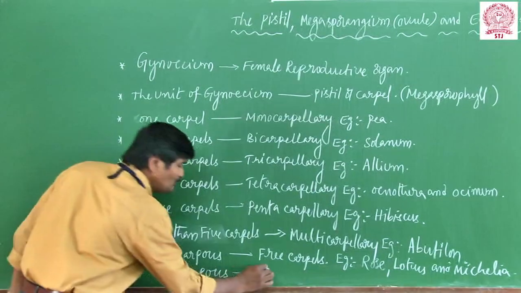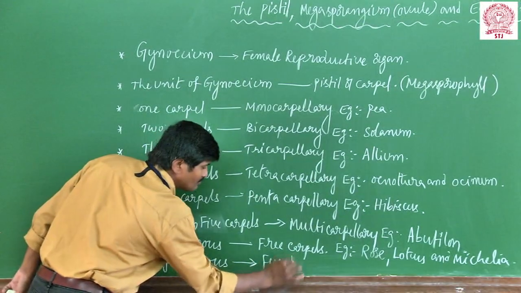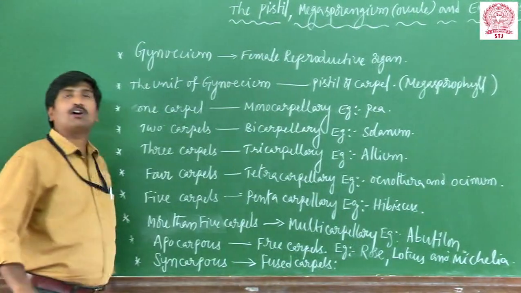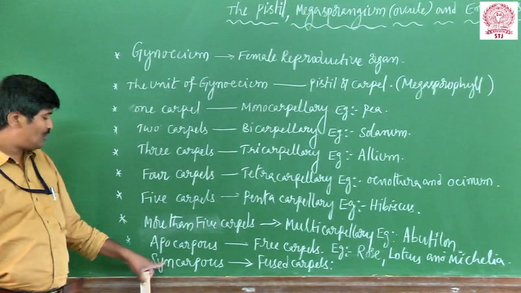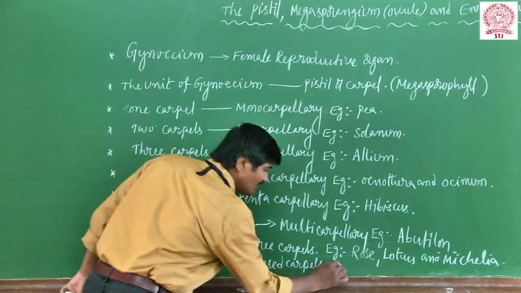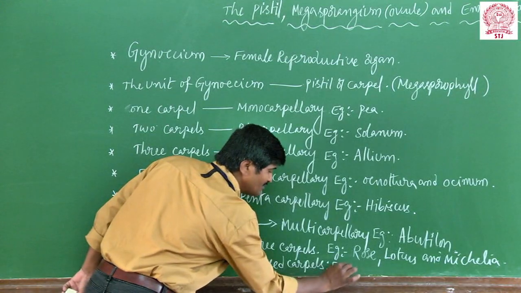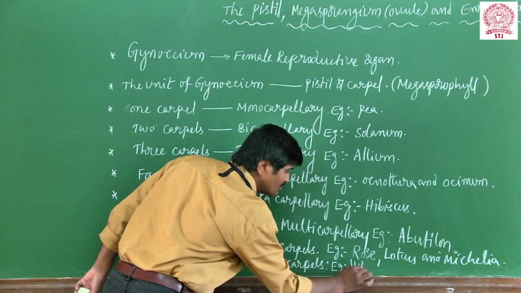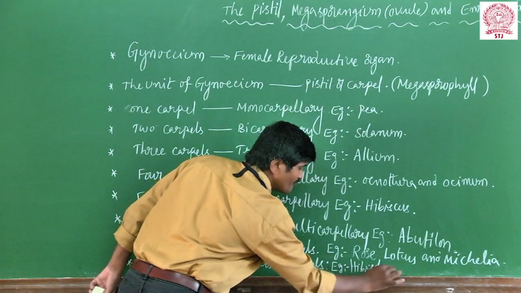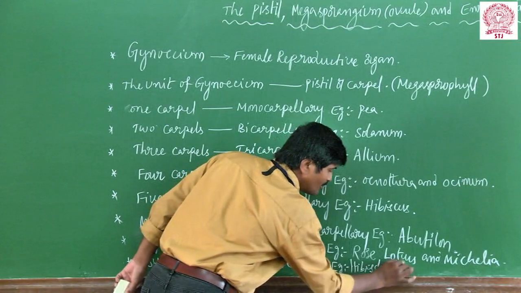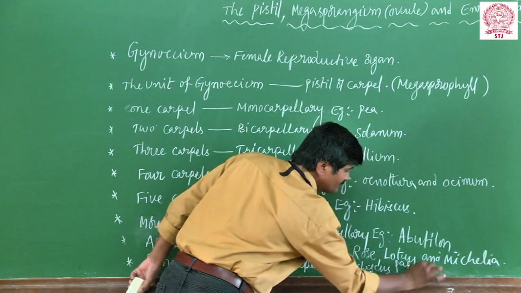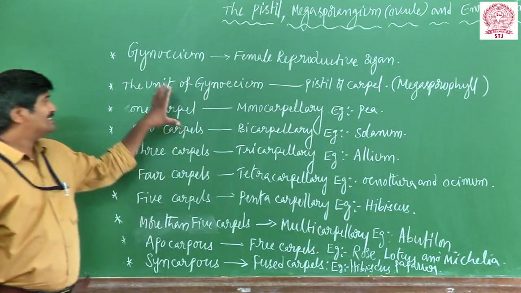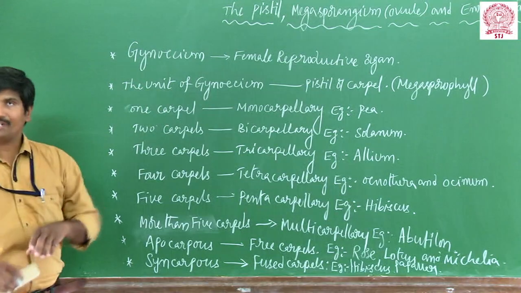The fused carpels. The fused carpels are known as syncarpous. Example for the syncarpous: hibiscus, China rose, and Papaver, that is a poppy plant. So this is the introduction of the gynoecium.